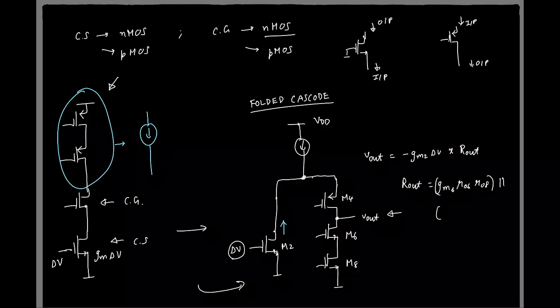Here the cascode device is this fellow, so the intrinsic gain of this times the R0 of this. So the gain you have is similar to what you have in the telescopic cascode structure, and that should not be surprising because it's the same cascode, just packaged in a different form. That's all.